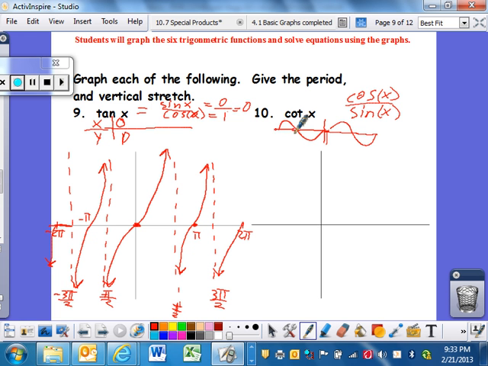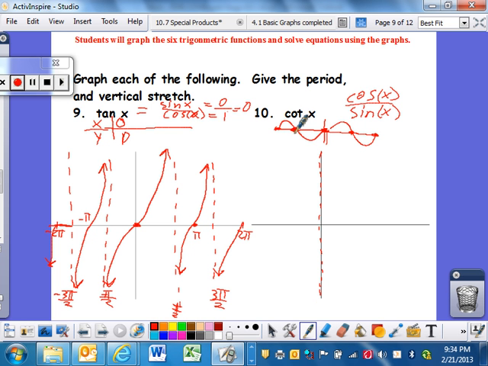So we want to end up finding these values where it crosses the x-axis, because that's going to be where our graph is equal to 0. So where is sine 0? We know that sine is 0 at 0. So we know that this, our origin, is going to end up being one of our asymptotes.